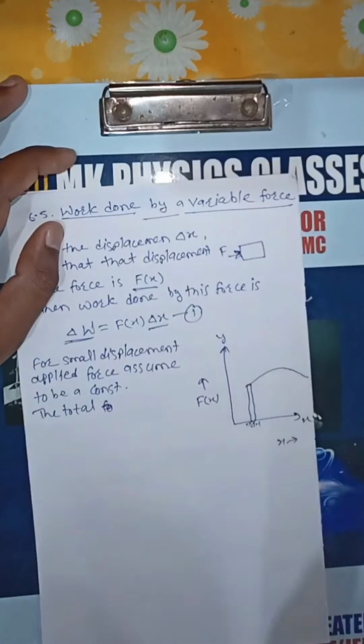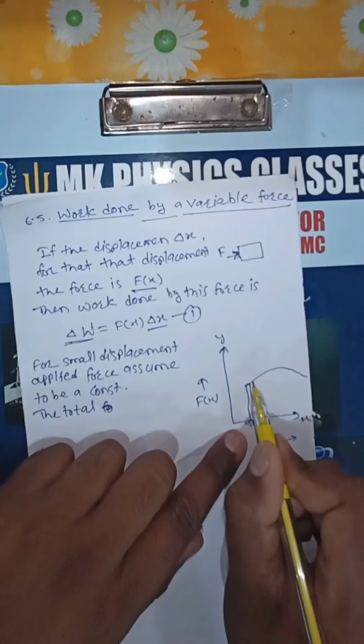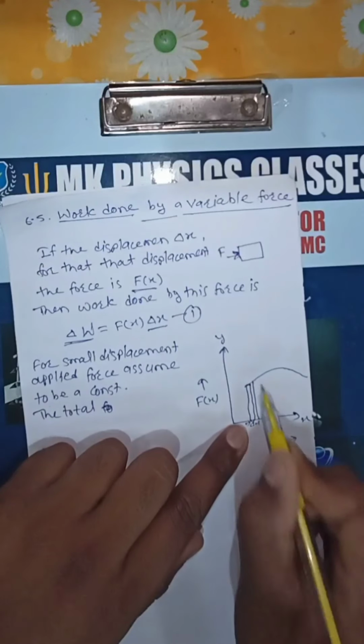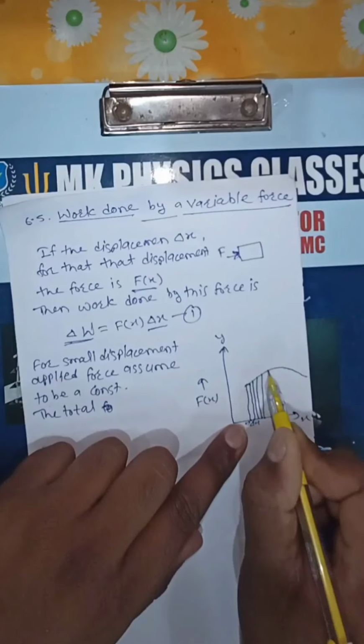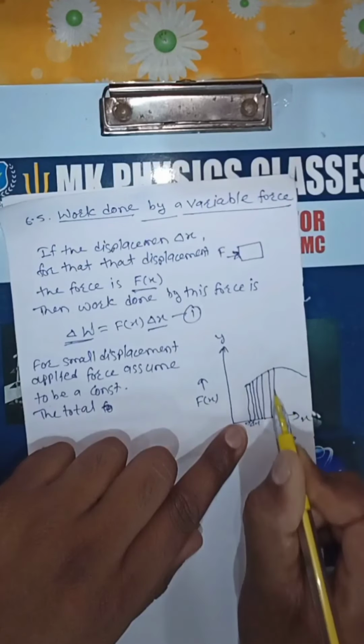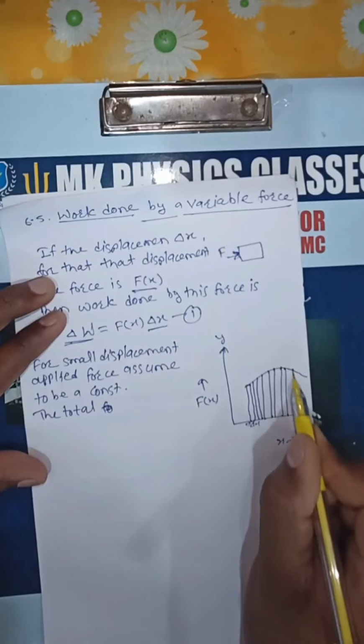Then we have to find the total work done. Suppose this is a delta x, then again one small delta x, again one small delta x, and so on. There are many delta x.